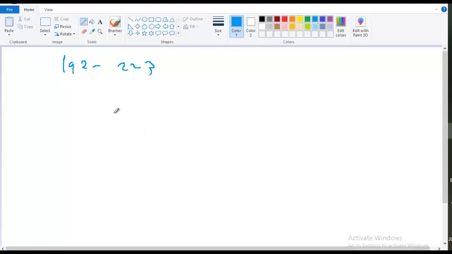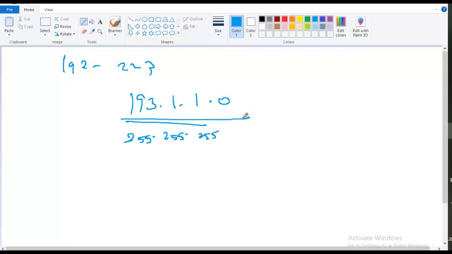For example, if someone gets 193.1.1.0, the default mask is 255.255.255. This means that in the 4 octets, 3 octets are network, and this last octet is free to use for providing unique IDs to computers.